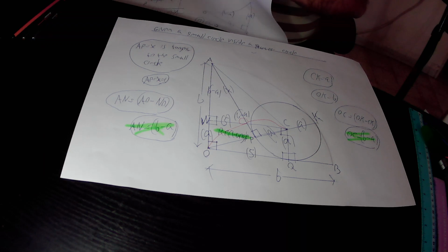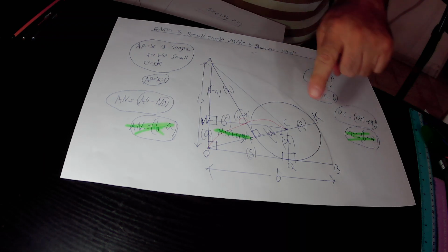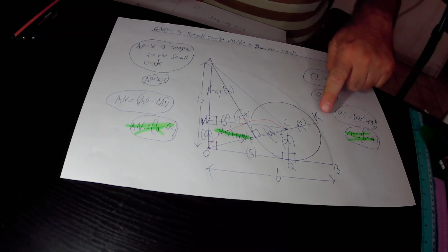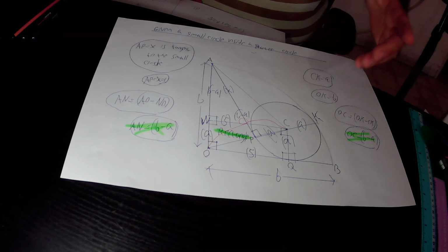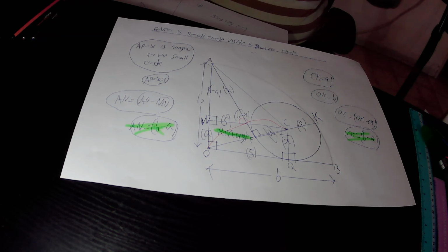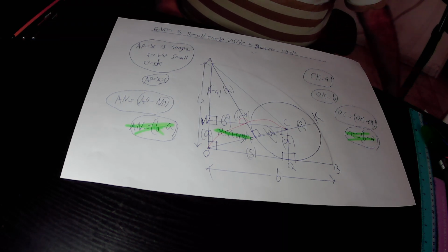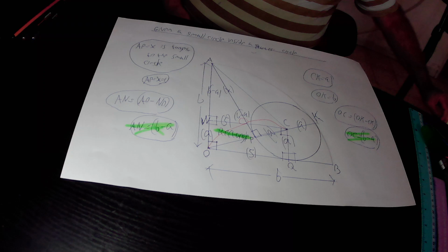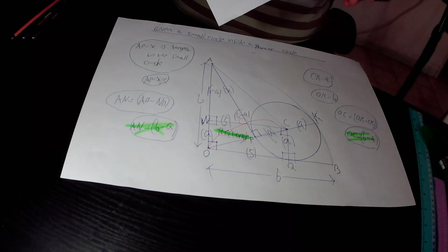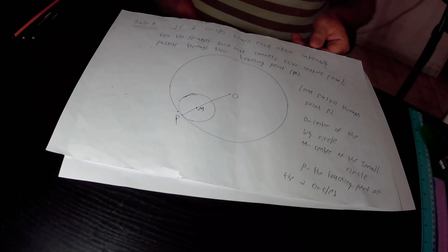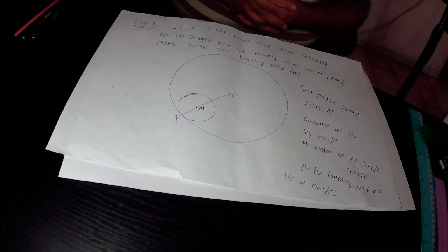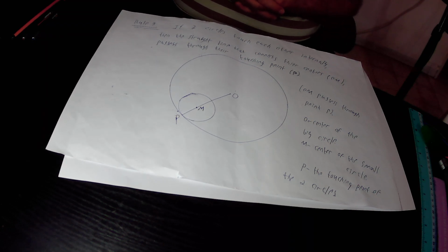And because the small circle touches the big quarter circle internally at point K, we have here an internal touching, and whenever we have an internal touching between two circles, you can implement the rule. According to the rule, if two circles touch each other internally, then the straight line that connects their centers together passes through their touching point.